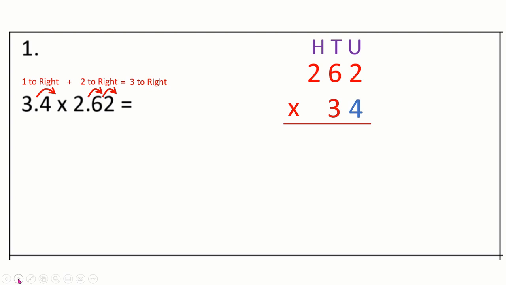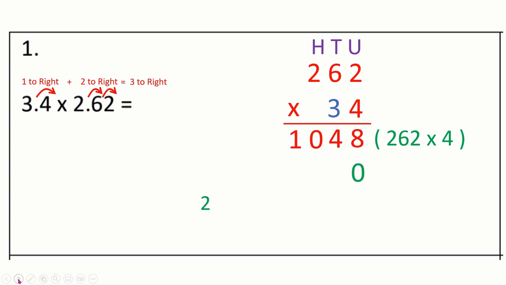So 2 times 4 is 8. 6 times 4 is 24. Put down the 4, carry the 2. 2 times 4 is 8, plus the 2 is 10. That's the answer to 262 multiplied by 4. Let's now go over to the tens column, which is a 3, and it's worth 30.